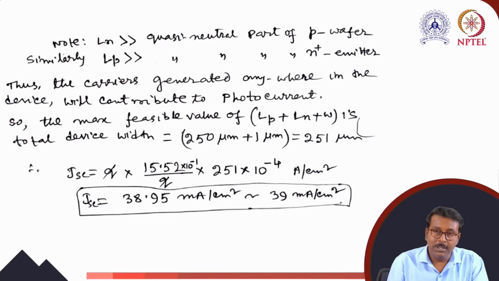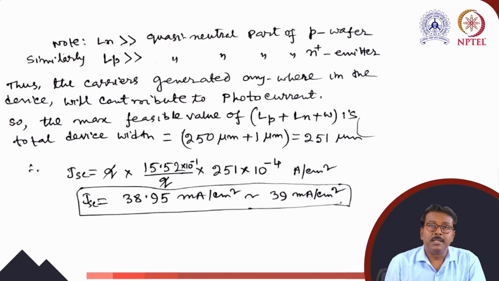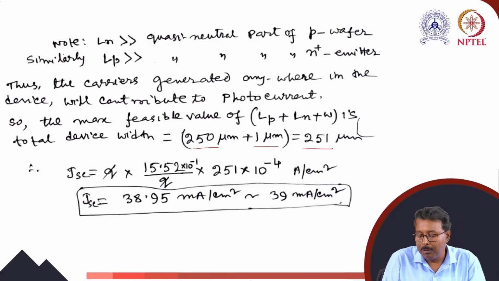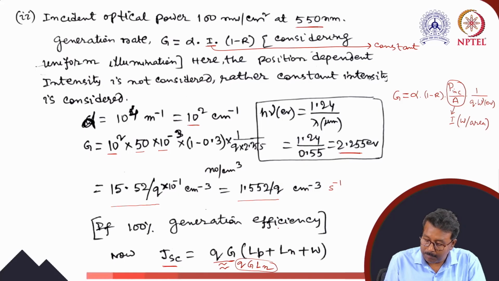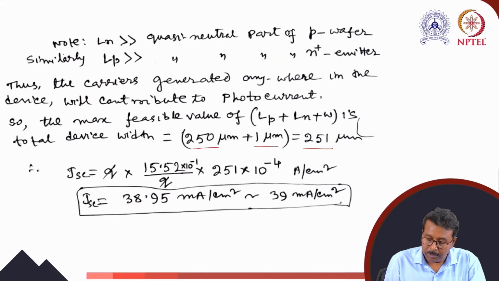So this is the catch of the problem here: you have to put the value of the device thickness, the maximum wafer thickness you can calculate. That's why you can write 250 micron plus 1 micron of the emitter, maximum 251, or you can put 250 also. So the JSC will be q times the G value, 15.52 into 10 to the power minus 1 by q into 251 into 10 to the power minus 4.